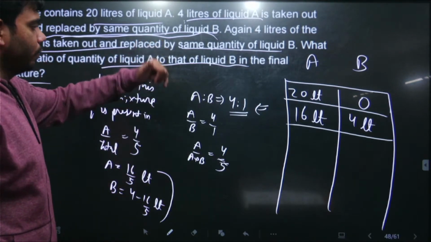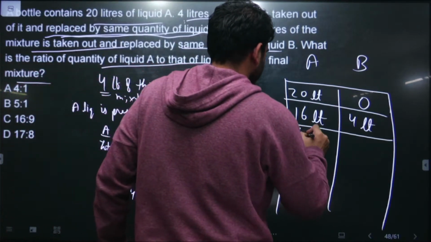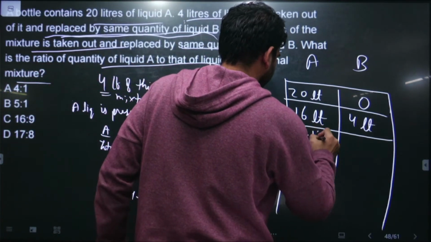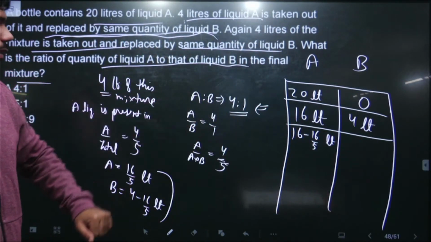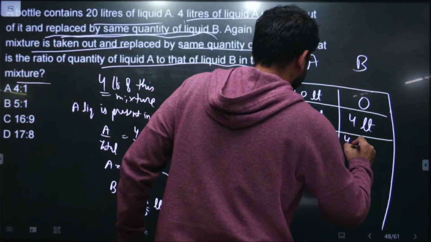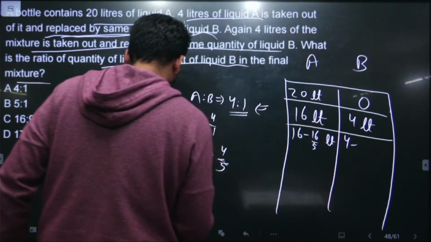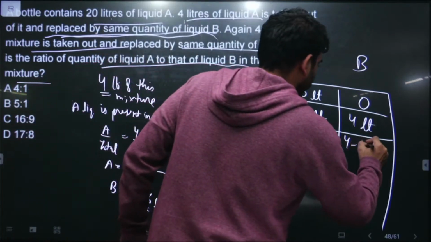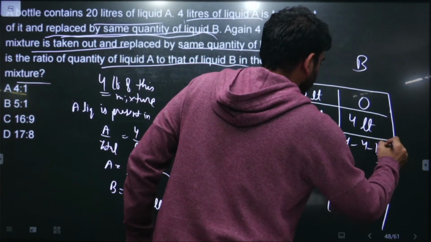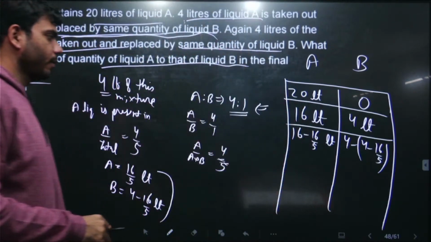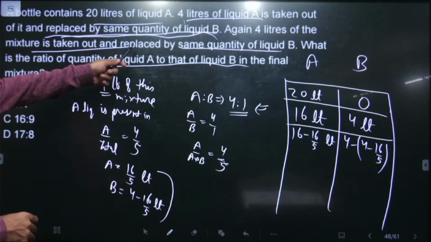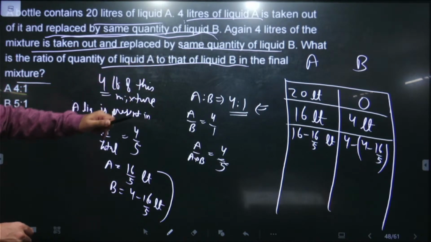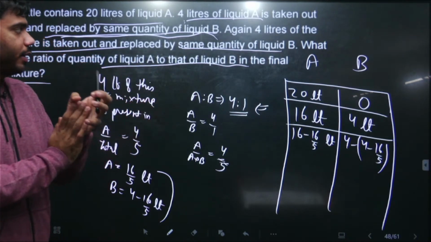Now this has been removed, so from the 16 we removed this 16 by 5. After removing 4 liters, this is the liquid A that is present in the solution, and from B we removed 4 minus 16 by 5. Now what was said next: taken out and replaced by the same quantity of B. 4 liters of this mixture has been removed and then 4 liters of liquid B is again added.